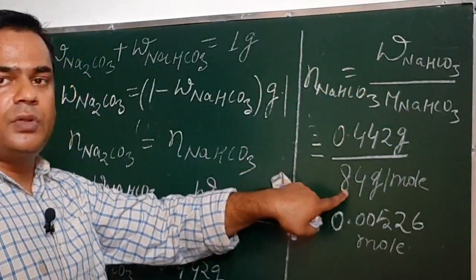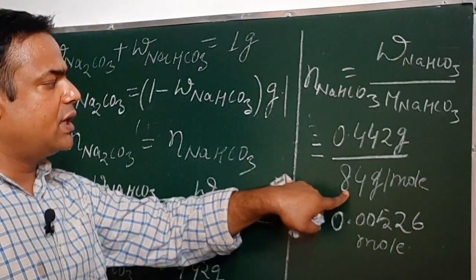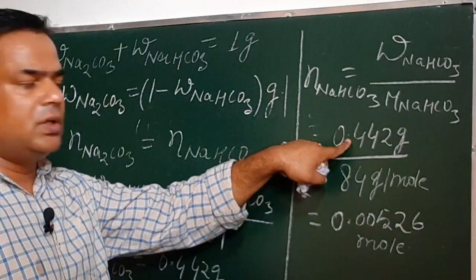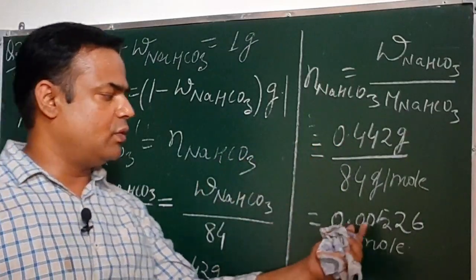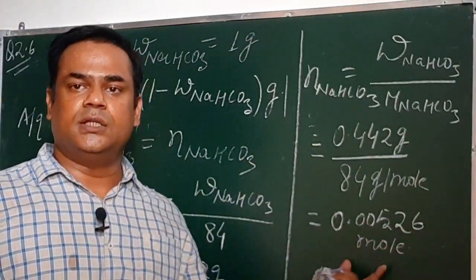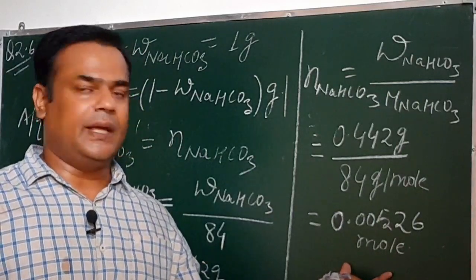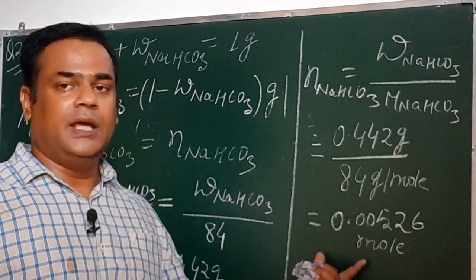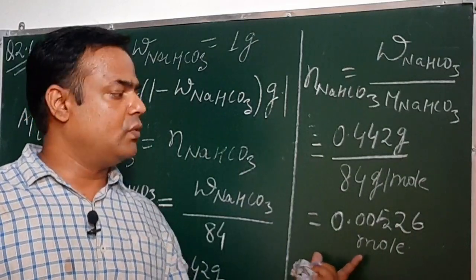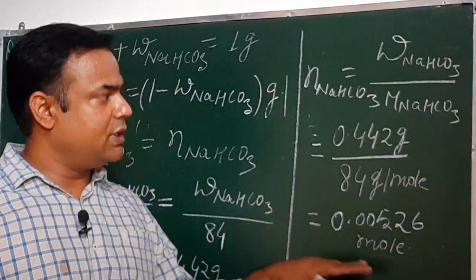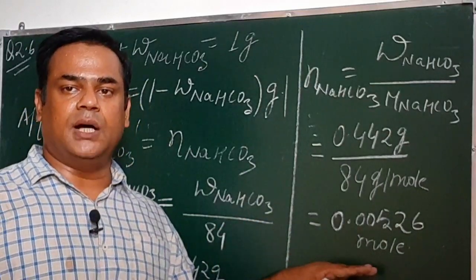The molar mass of sodium bicarbonate is 84 gram per mole, and the mass is 0.442 gram. If we divide, we'll get 0.0526. This is the mole of NaHCO3, mole of sodium bicarbonate. And we know that in the question it is given that the number of moles of sodium carbonate and sodium bicarbonate is equal. So this will also be the moles of sodium carbonate.